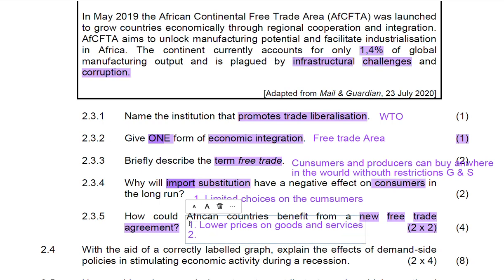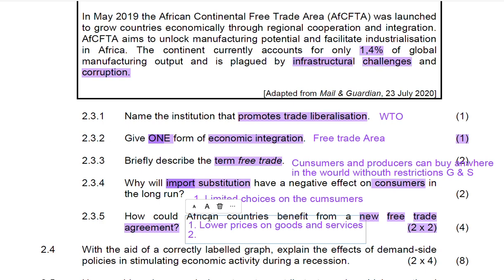And number two, what else will benefit the countries on this free trade agreement? Specialization in the production of goods, right? There will be specialization in the production of goods where they enjoy a comparative advantage. What does that mean? It means if Congo is producing a certain product better than others, then Congo will produce that product they have a competitive advantage on, and then share it with South Africa.